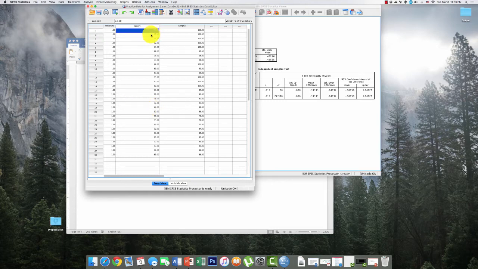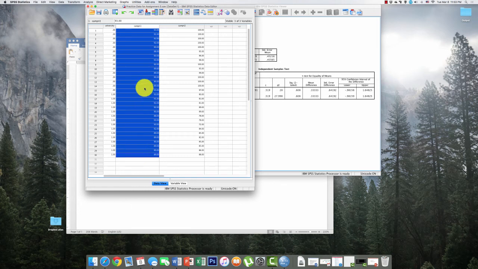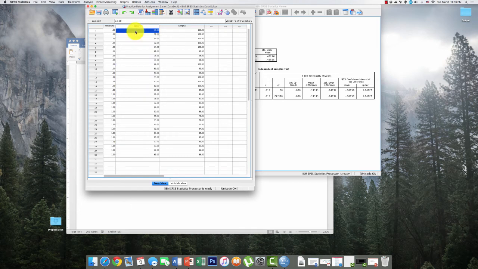Whenever you run the t-test and you're looking for significant differences in means, you're going to see that it's not significant. There are no significant differences in the means. So that means their variances are almost the same.